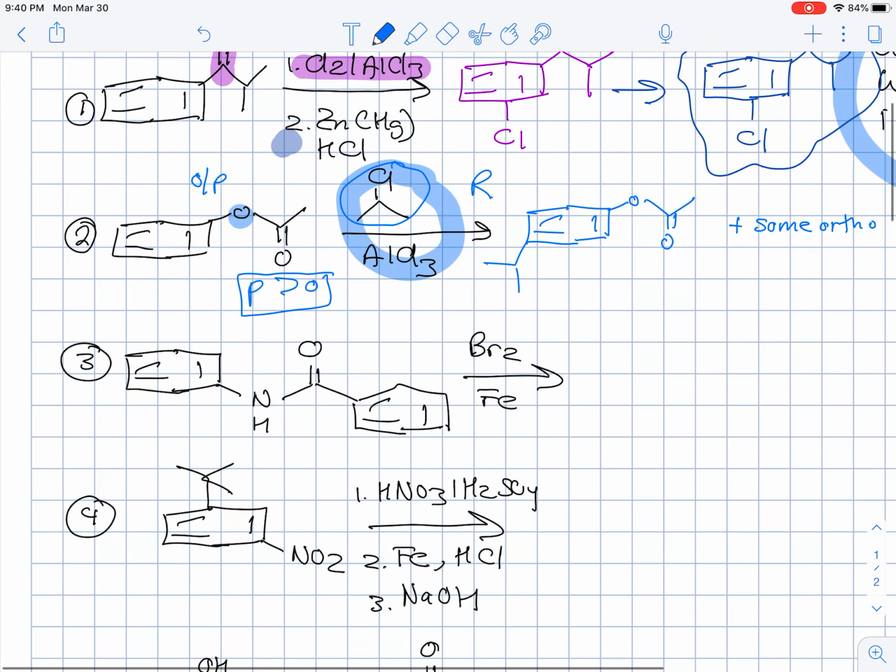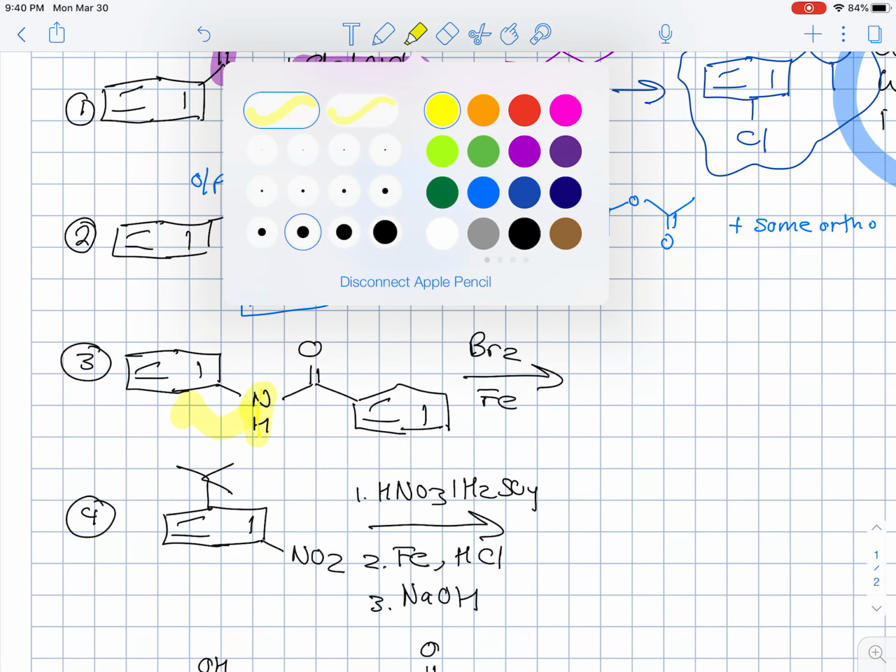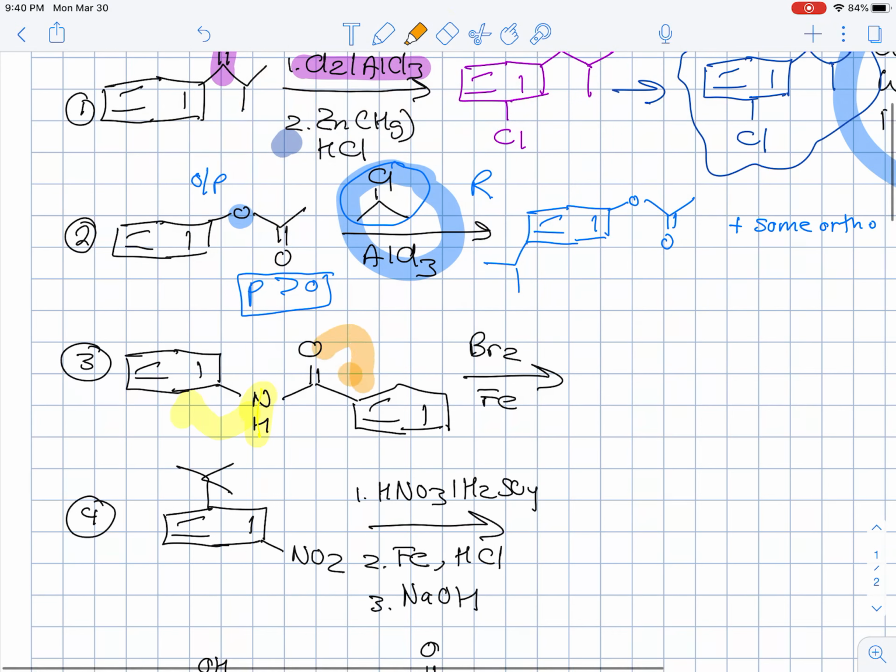All right, number three, getting a little bit trickier because now we have two different rings. And so we have this ring, which is activated, and then we have the ring on the other side, which is deactivated.